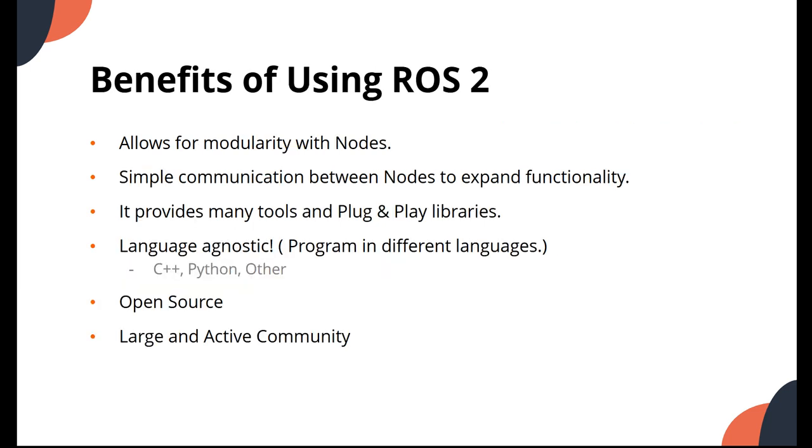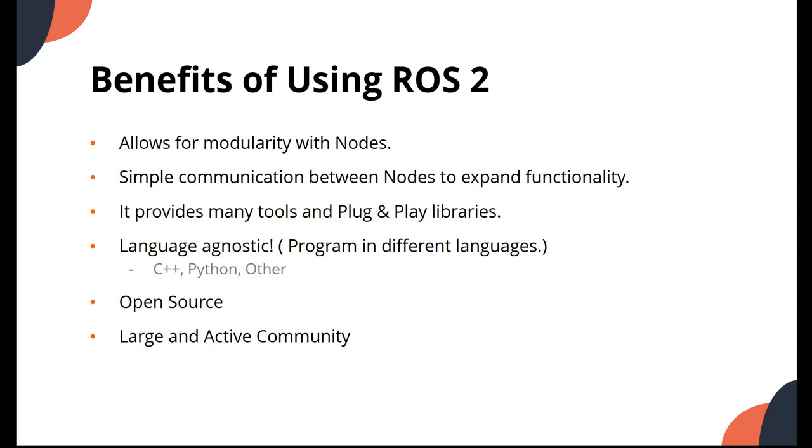Now, some of the benefits of using ROS2, I already mentioned a few, like the modularity piece with the nodes and the simple communication that allows you to expand on the functionality of whatever robotic platform you're working on. But there are a lot of tools that come with ROS that you'll learn in the future. So use those. Also use the plug and play libraries, like I mentioned. You don't have to learn all these very extensive and complicated math algorithms to be able to accomplish certain tasks.